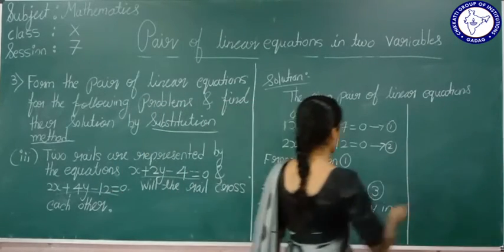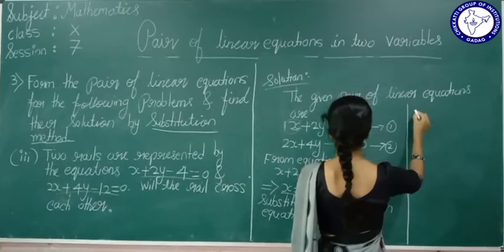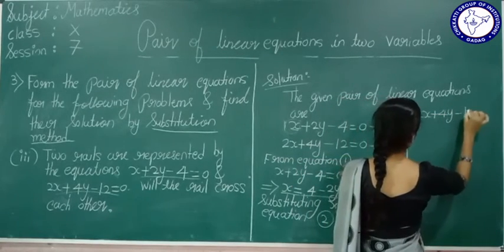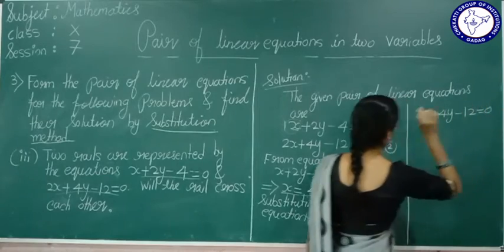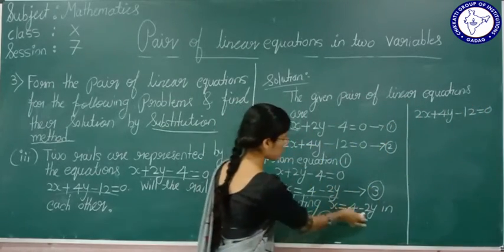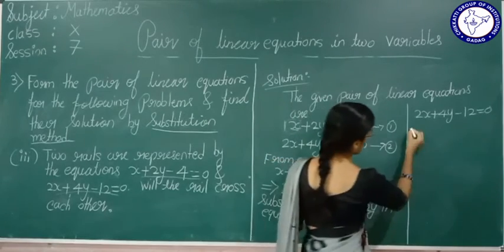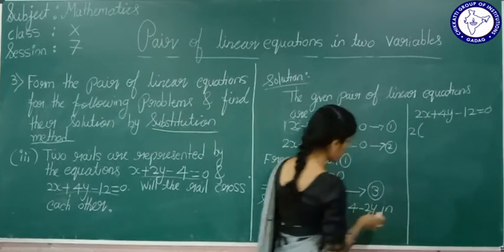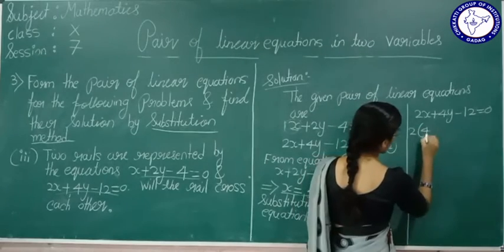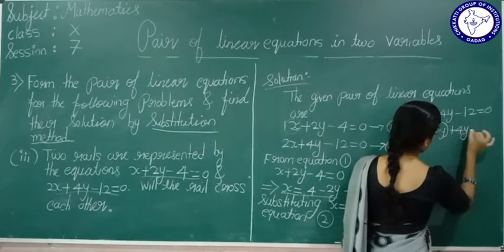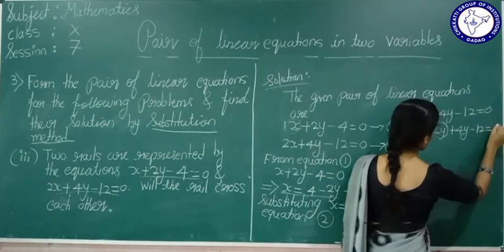What is equation 2? 2x plus 4y minus 12 is equal to 0. Substitute this value where x is there. Put 2 times 4 minus 2y, plus 4y minus 12 is equal to 0.